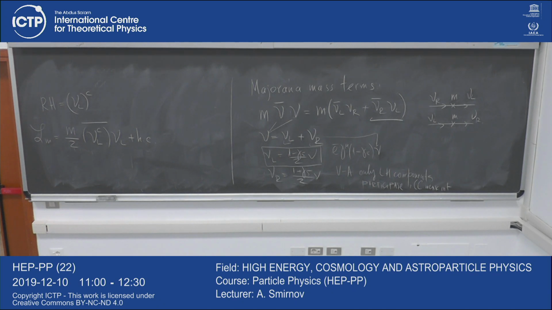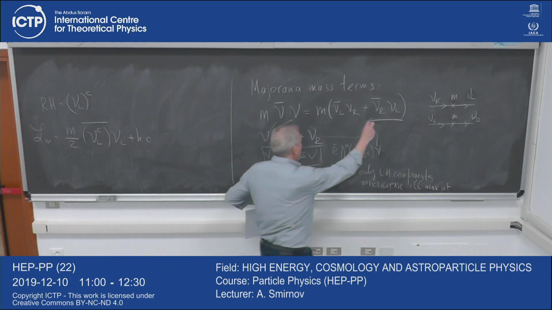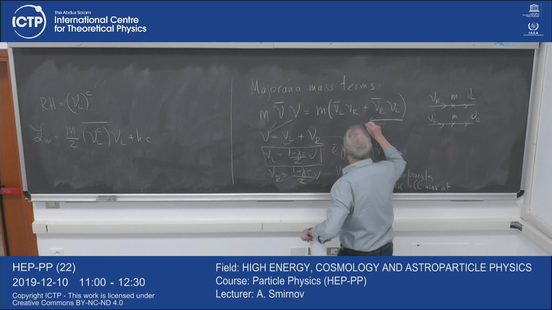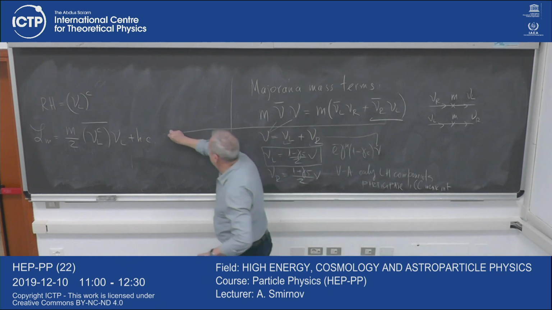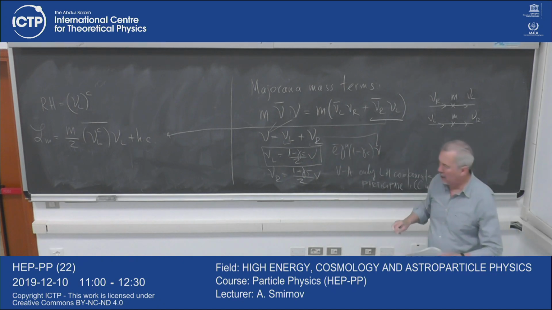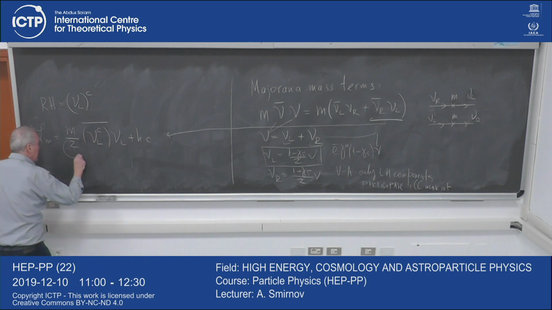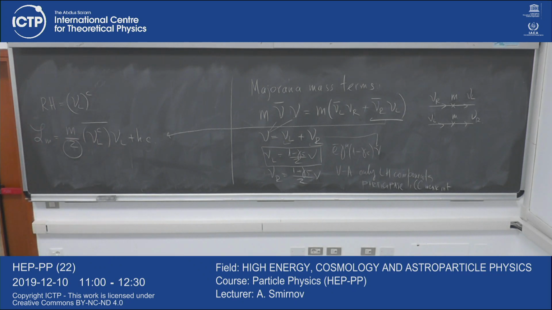So that would correspond to such a term, and the Hermitian conjugate would correspond to this one. There is 1/2 here to have correct normalization of mass in the equation of motion.